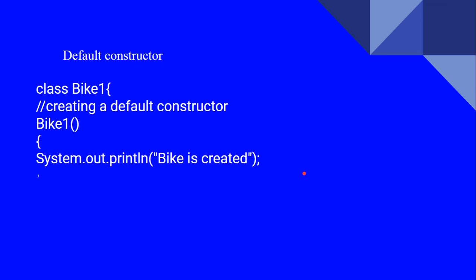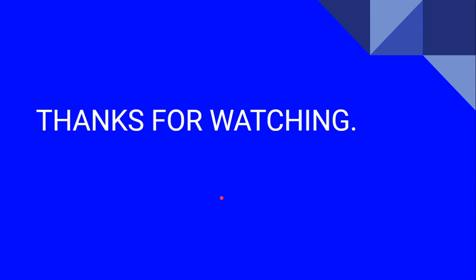Now we just give a statement, System.out.println, that prints "Bike is created", a message just to display on the screen. So that's the two examples, one for the parameterized constructor and another for the default constructor. Hope it will be easy to follow the concept of constructors, and thanks for watching.